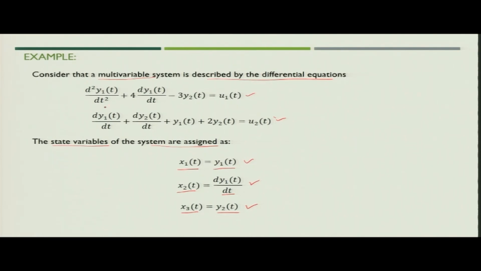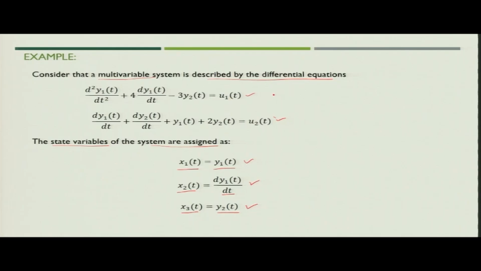So, what you will write for this? So, this is the highest order component of the differential equation. So, what we will write? We will write d2y1 by dt2 equal to minus 4 dy1 by dt plus 3y2 plus u1.